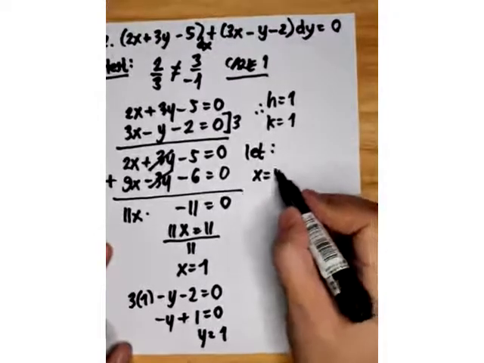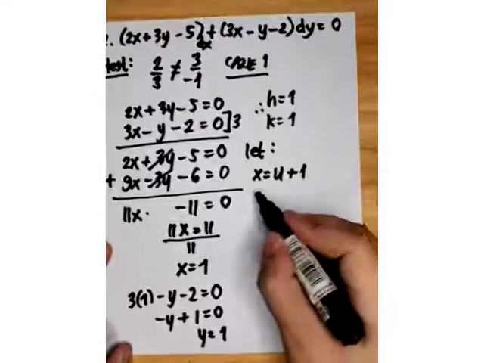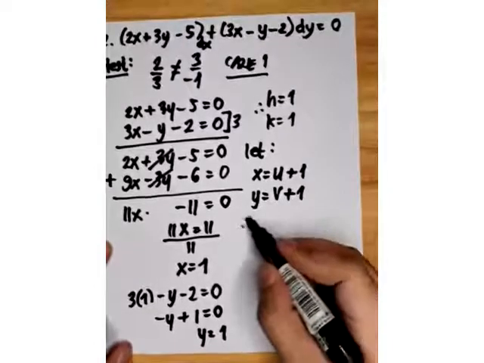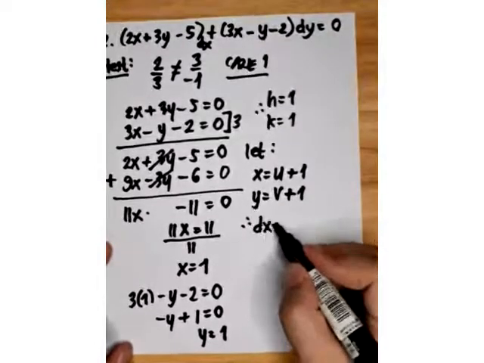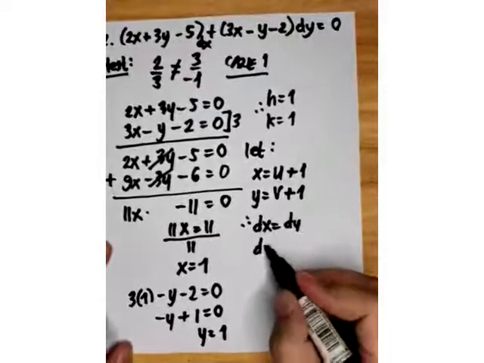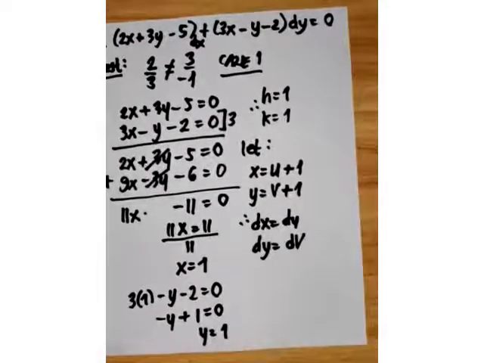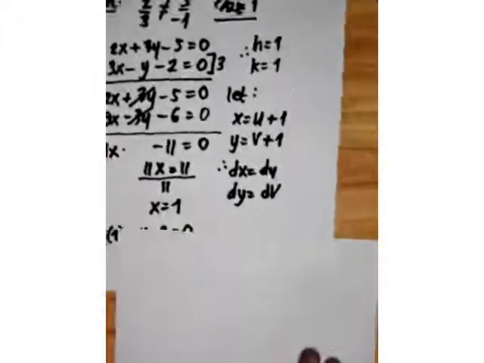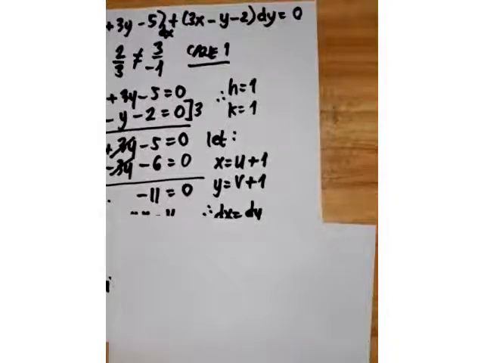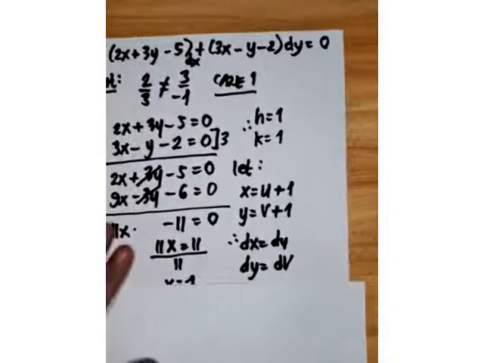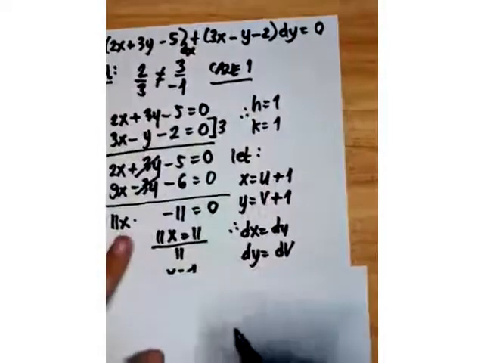x is equal to u plus 1 and then y is equal to v plus 1. So therefore, dx is equal to du and then dy is equal to dv. So let's substitute. Okay, so let's substitute again doon sa ating original.